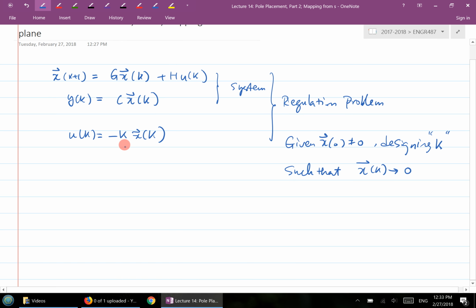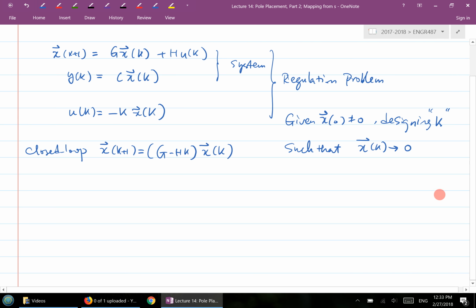The simple negative feedback will give you a closed loop, which is x of k plus 1 equal to (G minus HK) times x of k. So plugging this u back over here, you get this closed loop response of the system.